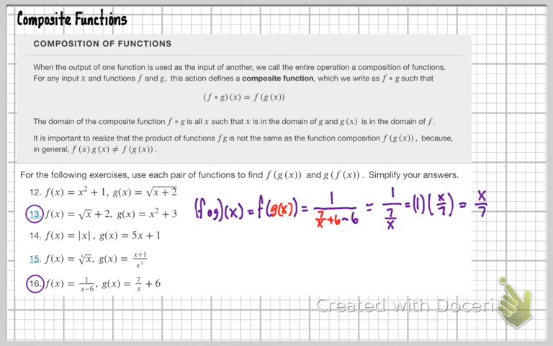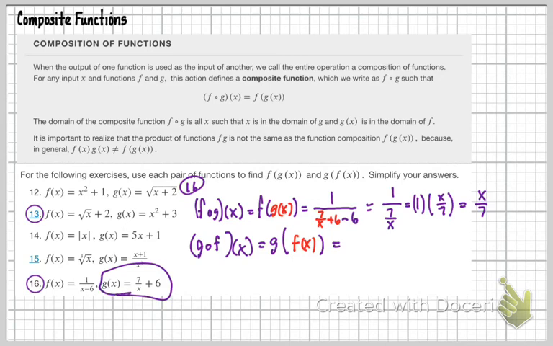So now we're going to do g of f of x for number 16. So this is 16 here. And again, I'm going to plug in f of x wherever I see x in g. So again, we're starting with our g function here.